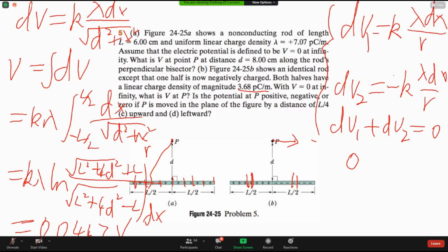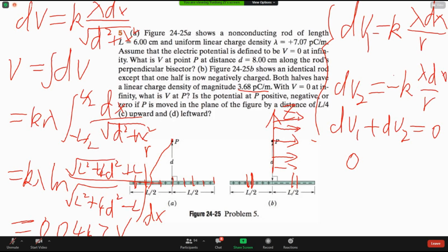Okay, so now think of any point on the same z-axis as the P. If this is the z-axis, at any point on the z-axis, the electrical field is always pointing to the right, until infinity. What does that mean?